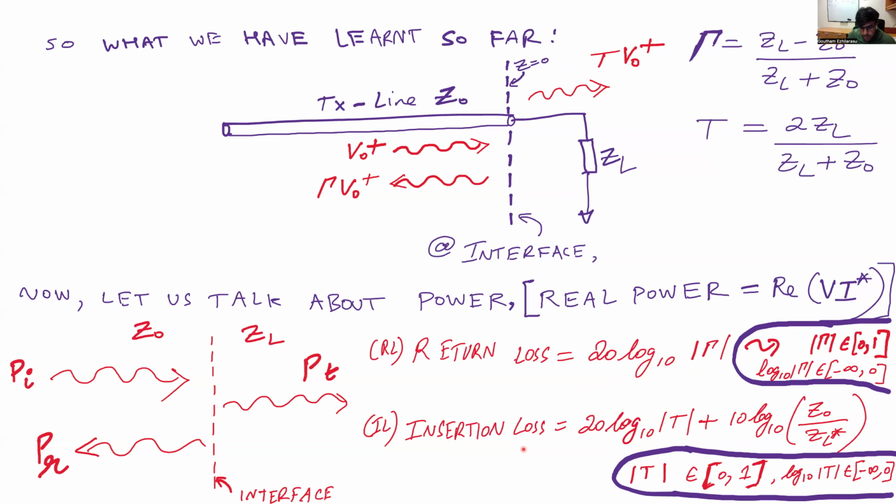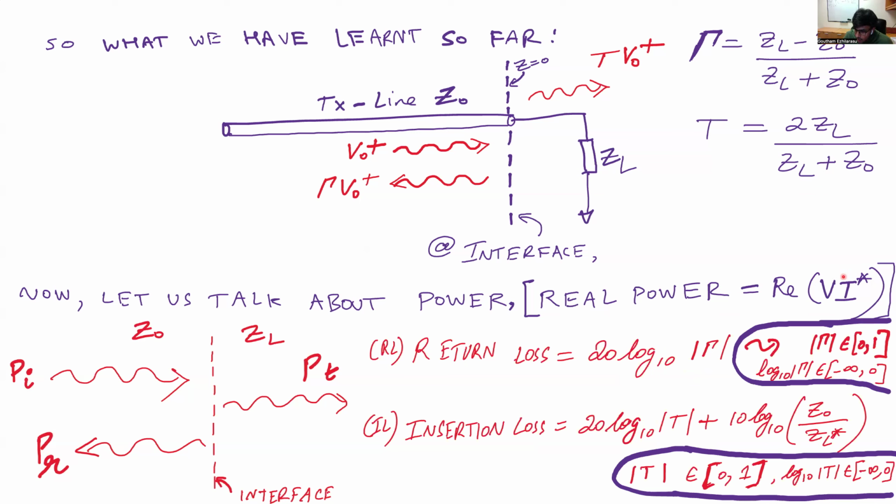If we substitute the values of powers calculated earlier, the return loss is going to be 20 log to the base 10 of |Γ|, and the insertion loss is going to be 20 log to the base 10 of |T| plus 10 log to the base 10 of Z0 by ZL's complex conjugate.